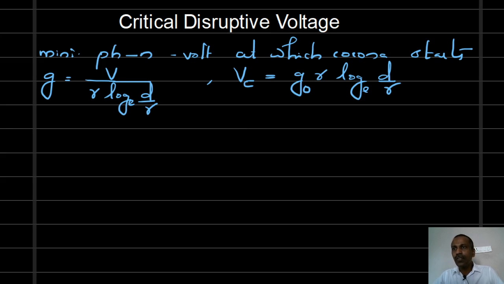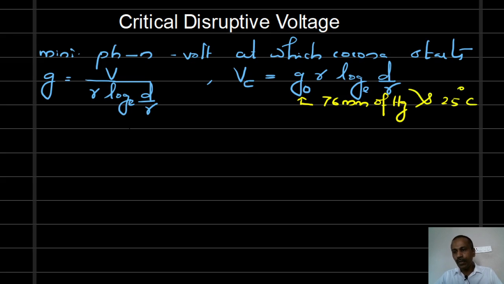Actually, this gradient is for the standard atmospheric condition. This is for 76 mm of Hg and 25 degrees centigrade.